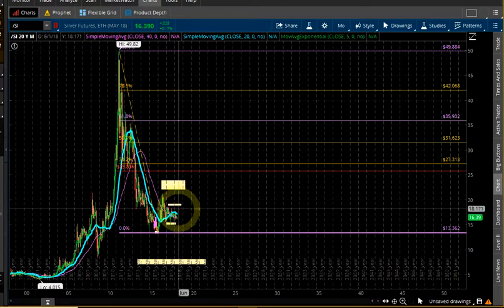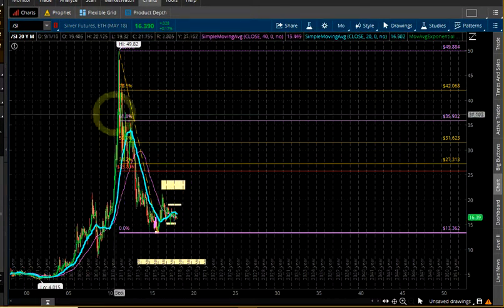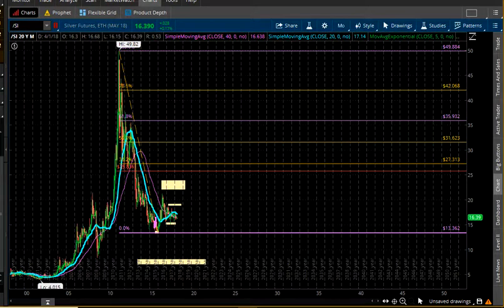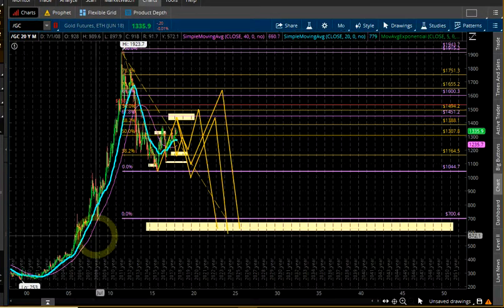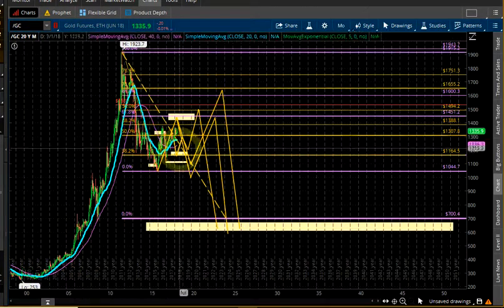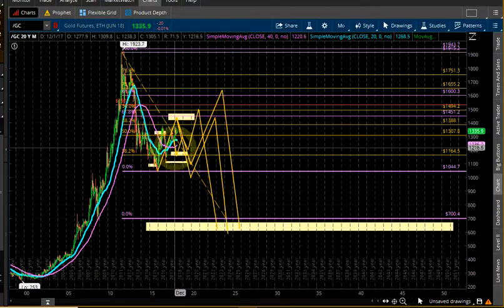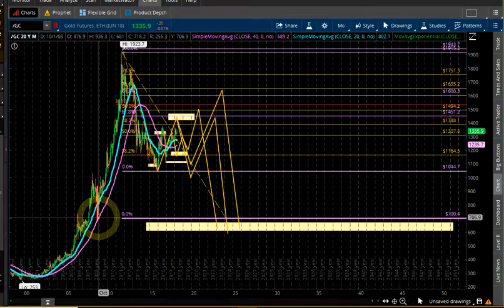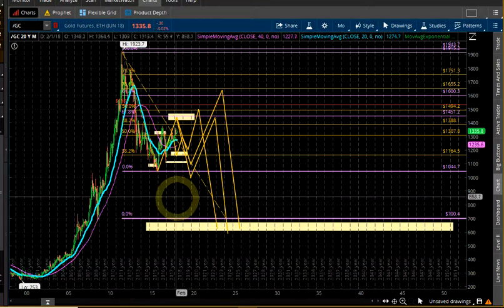So gold and silver, I mean, they both look like this chart. Silver looks a little bit more extreme. Gold's not quite that steep. Well, it's steep, but it hasn't come down as low yet. But it could. I mean, we're looking at gold coming down here. Here's the previous fourth wave low, right around $700.